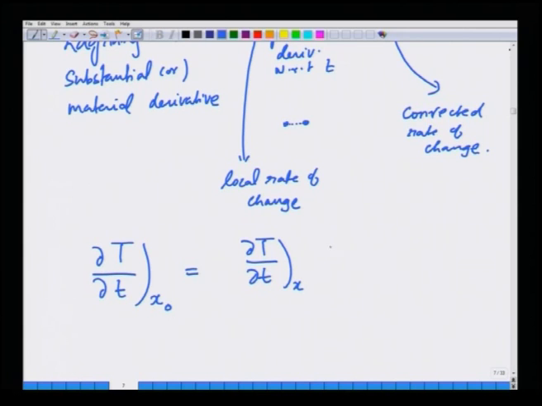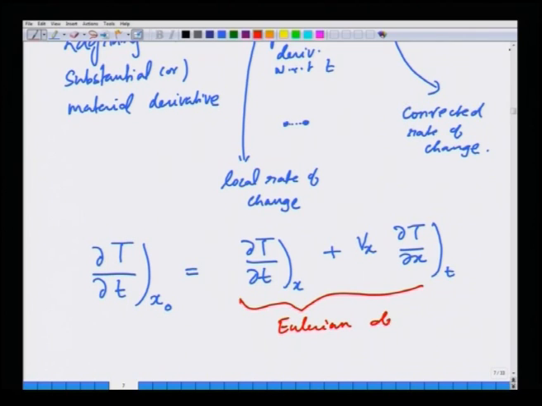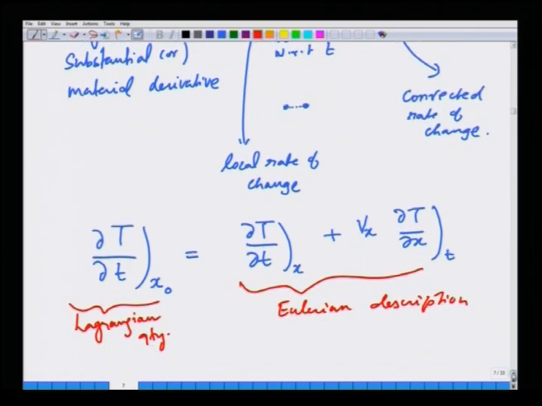I will generalize it to 3 dimensions shortly, plus the velocity in the x direction times partial T partial x at a given time. So, this right side can be computed completely from an Eulerian description, whereas this is inherently a Lagrangian quantity, because you are following the same particle.